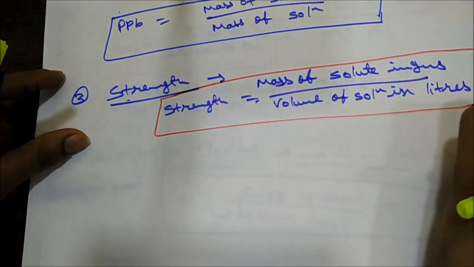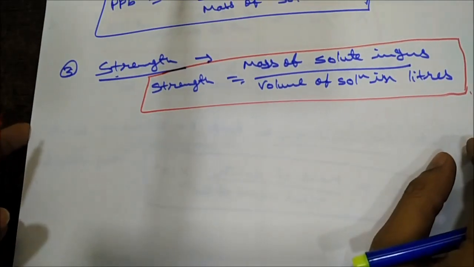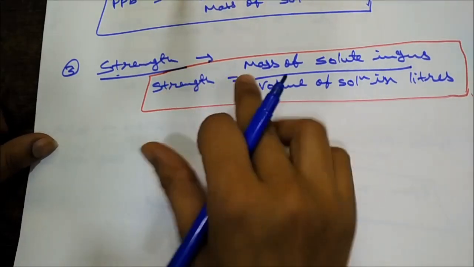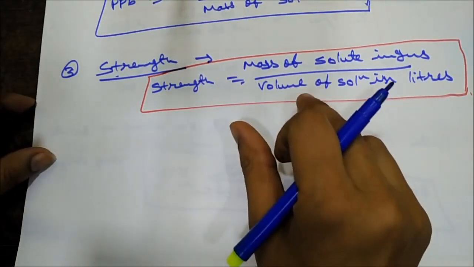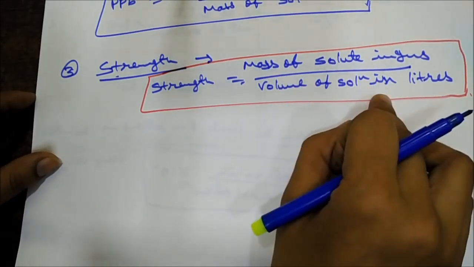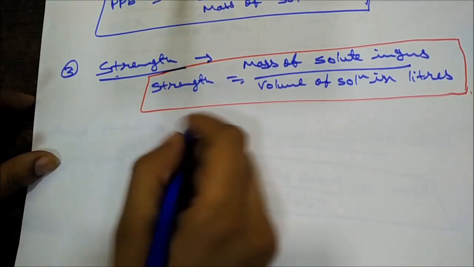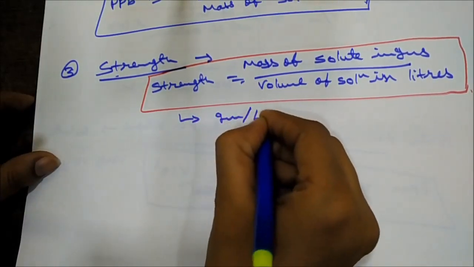Concentration of a solution in terms of strength is mass of solute in grams present in 1 liter of solution. The unit of this is gram per liter.